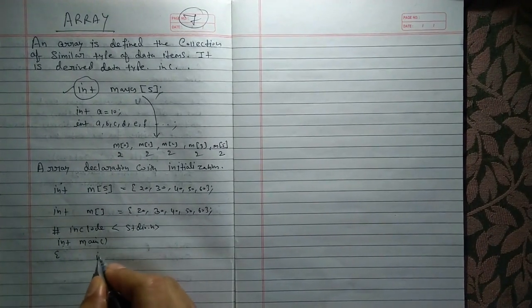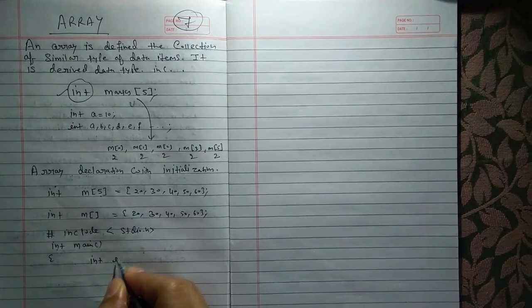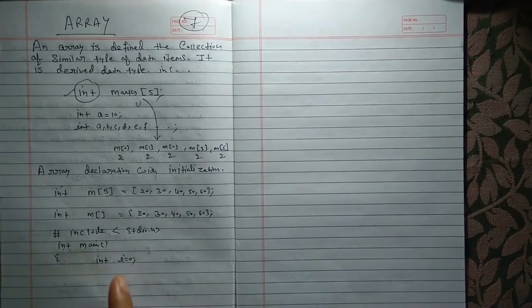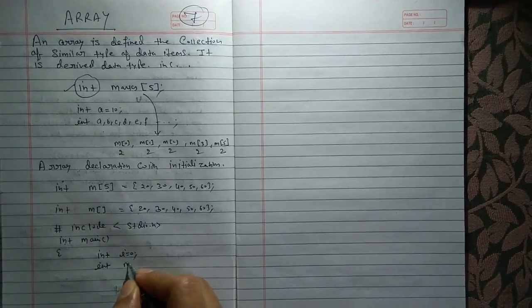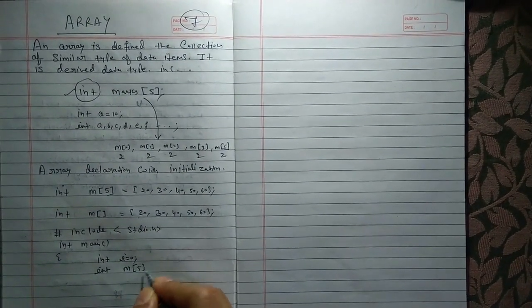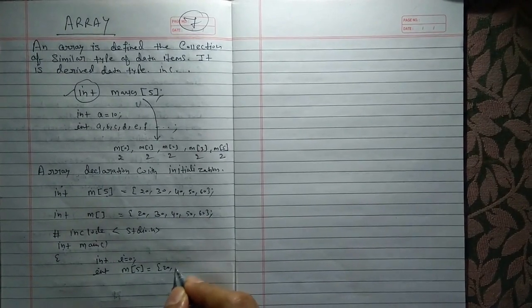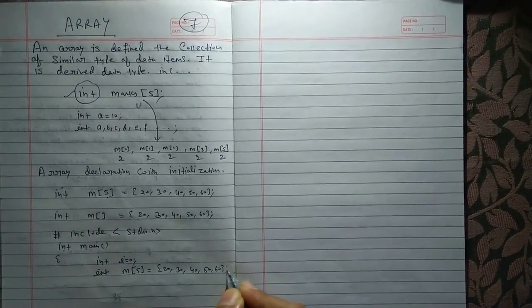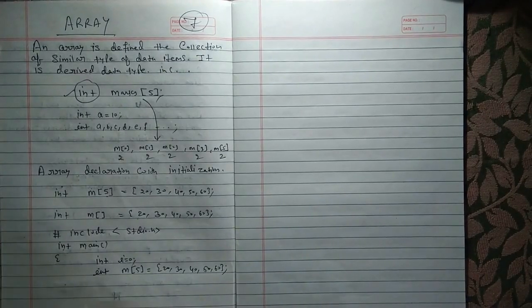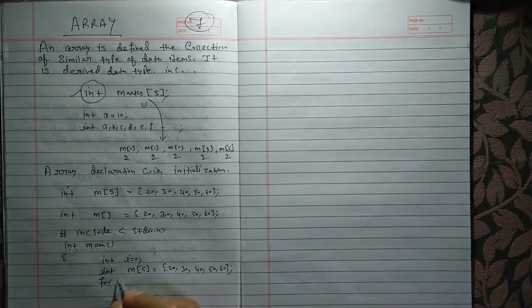Then I am initializing int i = 0. We have taken one integer i. Then we are writing int m[5] = {20, 30, 40, 50, 60}. Now we have already initialized the elements. Then we are printing these elements.